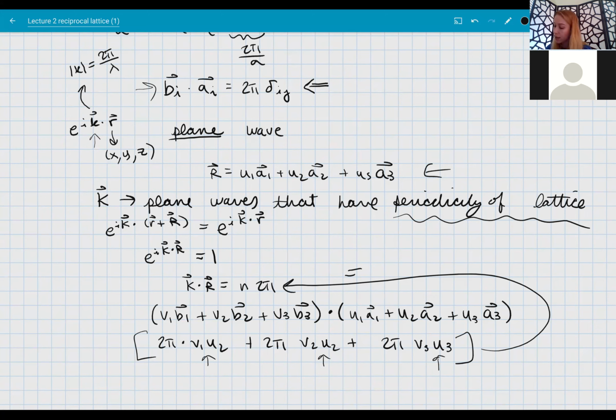So the product of a reciprocal lattice vector and a direct lattice vector is always going to be 2 pi times an integer, just like a plane wave that has the periodicity of the lattice dotted with the reciprocal lattice vector will also yield the same answer. So that's another way of thinking about the reciprocal lattice.